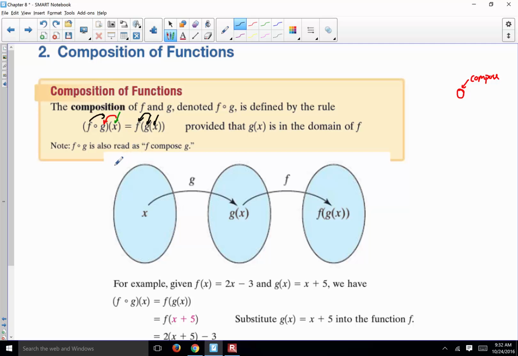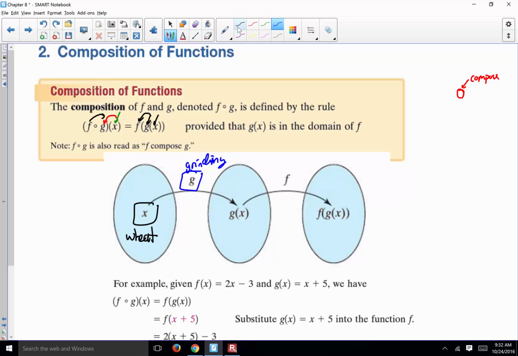Or another example is machines. Let's say this is wheat, a bushel of wheat. You supply it into a machine. What kind of machine is this? This is a grinding machine. What happens if you grind wheat? What do you get?